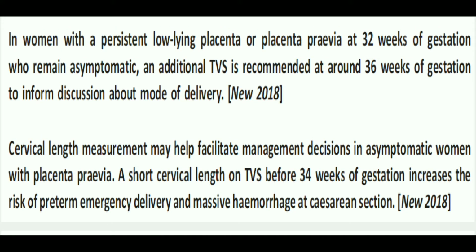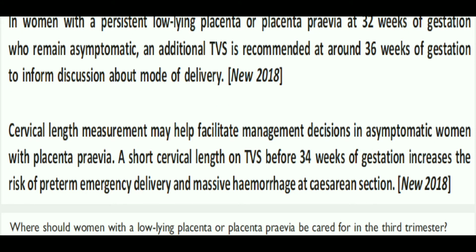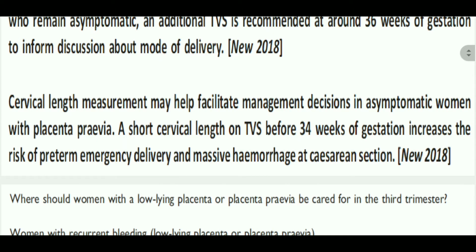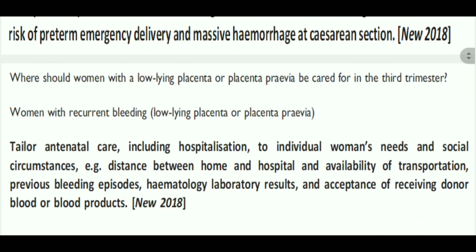That may help facilitate the management decision in asymptomatic women with placenta previa. And a short cervical length on TVS before 32 weeks of gestation increases the risk of preterm emergency delivery and massive hemorrhage at cesarean section.